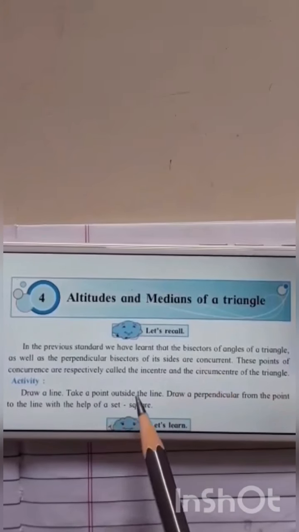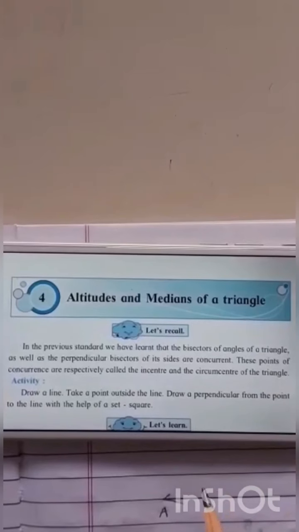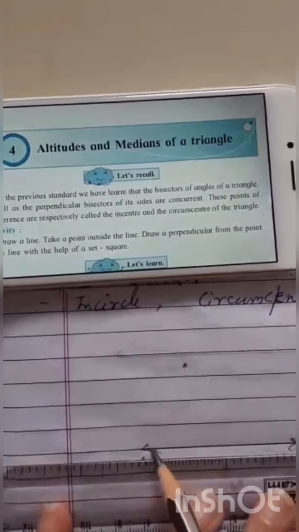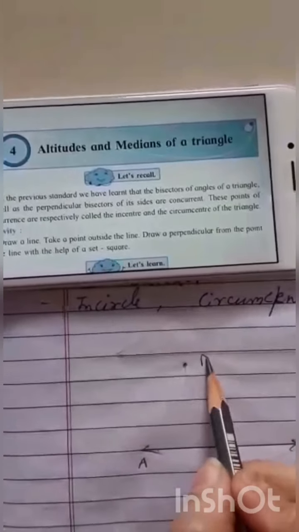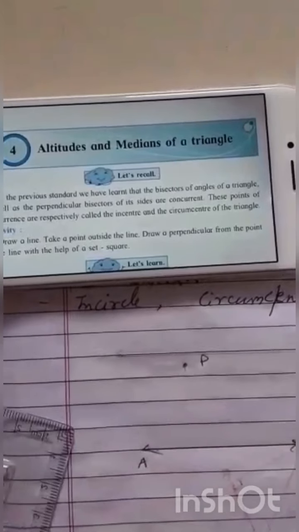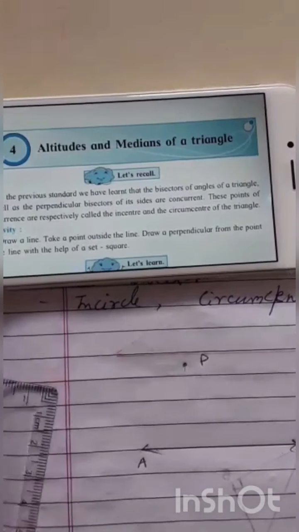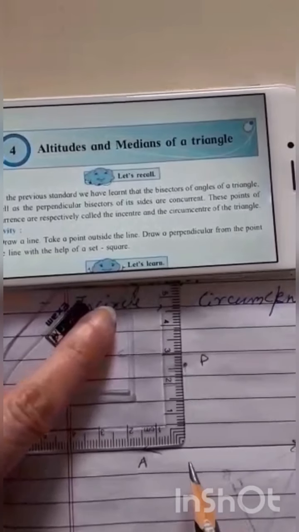Now you also have studied how to draw a perpendicular on a line when the point is given outside, with the help of a set square. Suppose I am drawing a line here, like this. I have drawn a line AB, and I have taken a point P outside the line. Using a set square, I'll be drawing a line which is perpendicular.